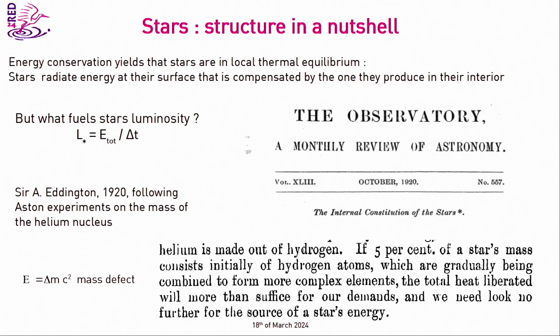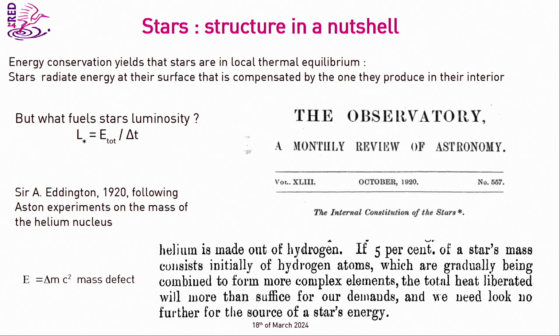So we have to wait to 1920, and the equation of Einstein was published in 1905. So you see that there's some years before it percolates and goes to stellar astrophysics.